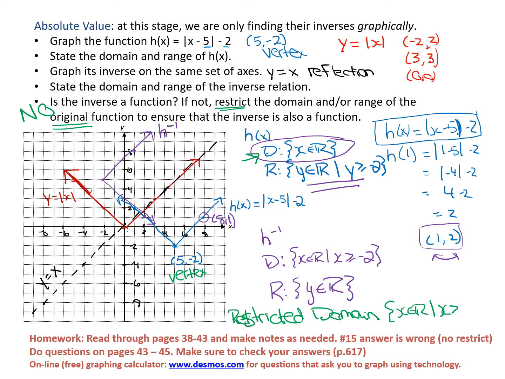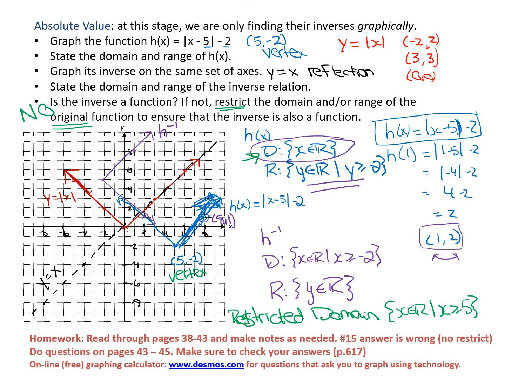So x is greater than or equal to 5. So my function is now only valid on this right hand side here. I'm just kind of making it a little more bold. And of course it's not going straight, but let's pretend it is going straight. I'm only using this part right now of my graph. The other part is gone.